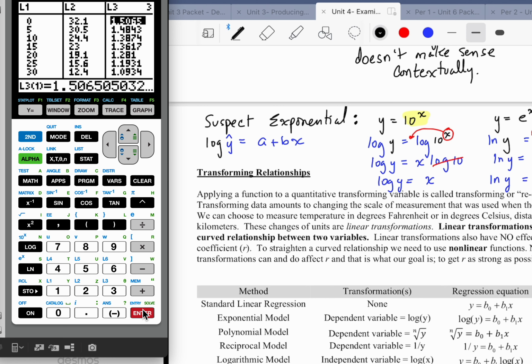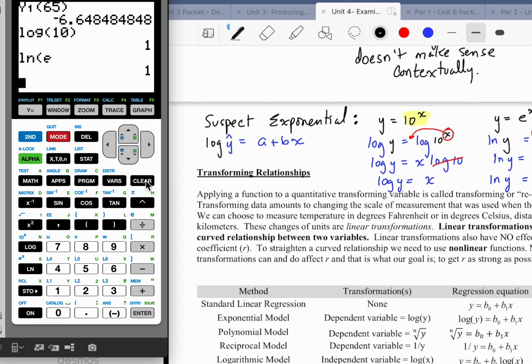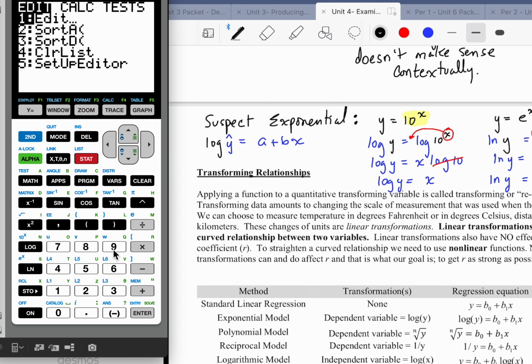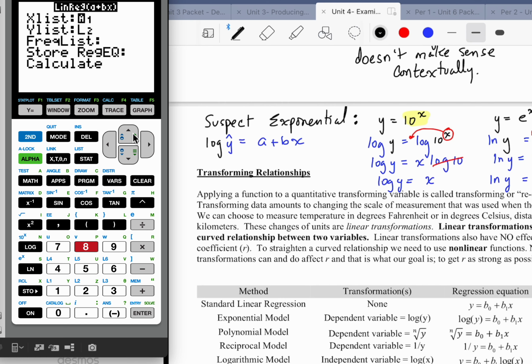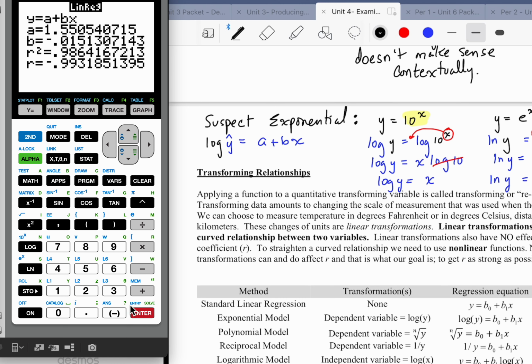All right. So what we would do is run the regression on L1 and L3. We changed the basis of the system. So L1, L3 using a linear regression. So stat calc 8, L1, L3, store it, alpha trace y1, calculate.